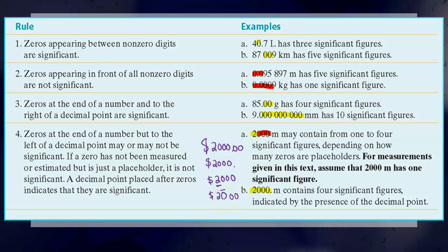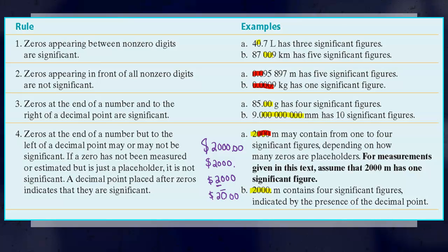I'm estimating the second number is 0, but I have no idea what the third and fourth number are. Or I could put it above this one, and that tells me I'm certain about the 2, I'm certain about the 0. Estimating that third 0, I have no idea what the fourth number is. So does that make sense how we can have different numbers of sig figs for the same value? That's where it gets complicated.